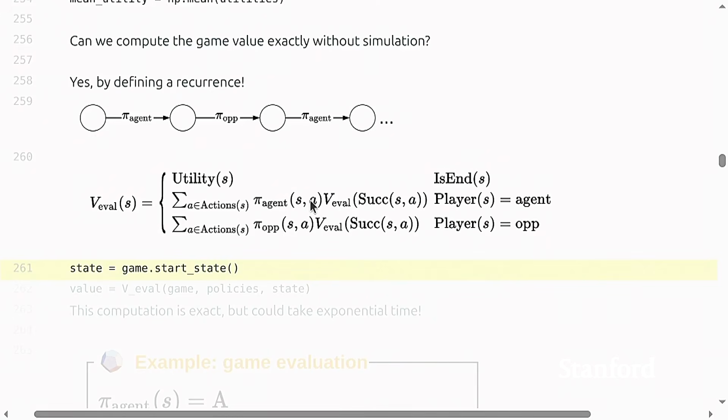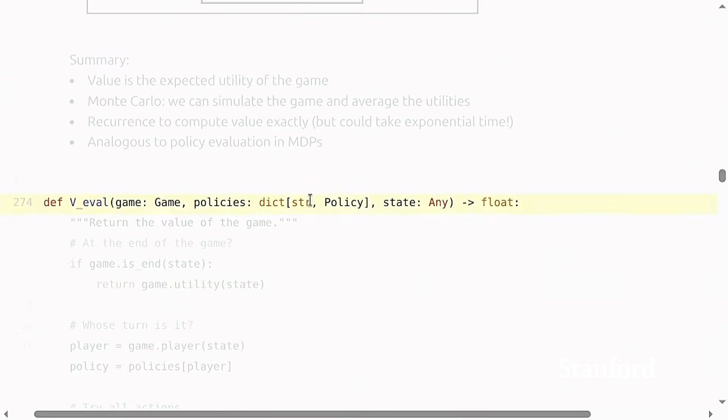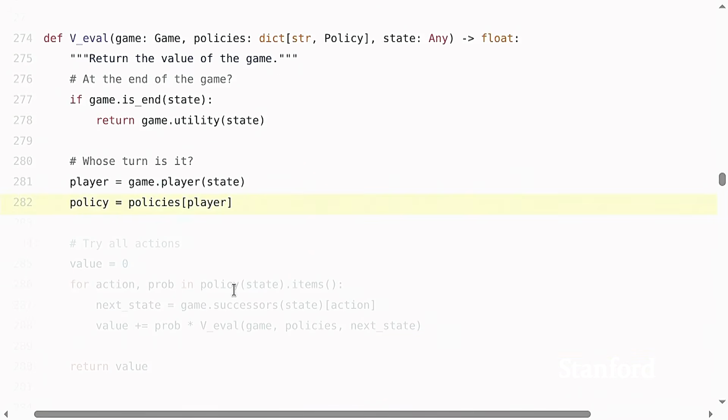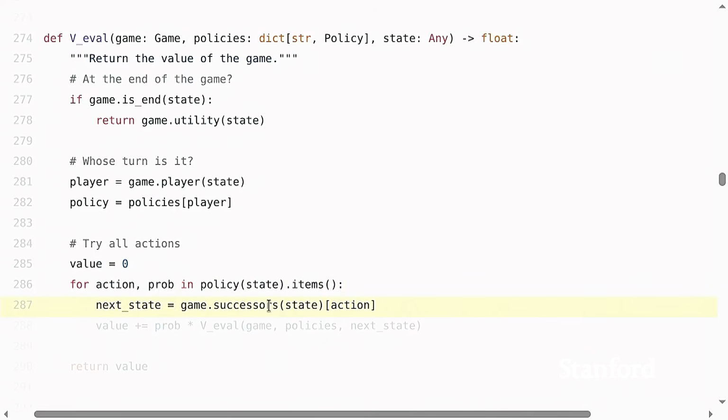So let's see how this looks in code. This is v eval. If I'm at the end, I return the utility. Otherwise, I see whose turn it is, get the player, look at the policy, and then I'm going to loop over all the actions, where for every action with probability prob, I'm going to see where the game takes me.